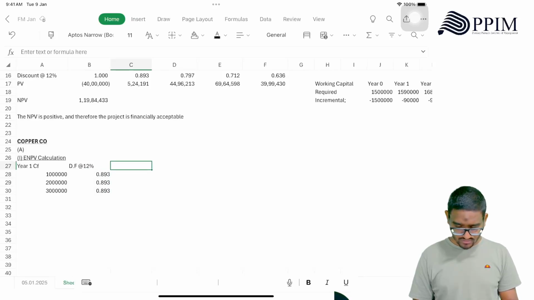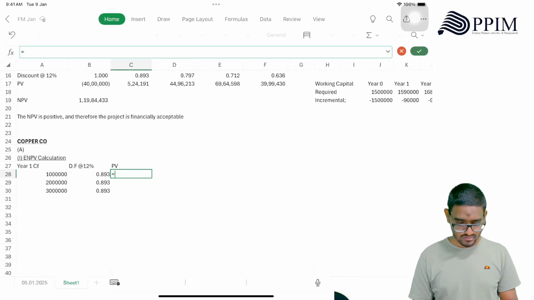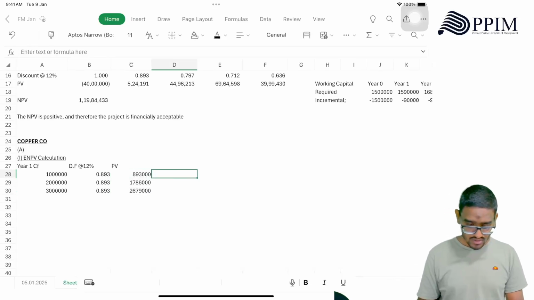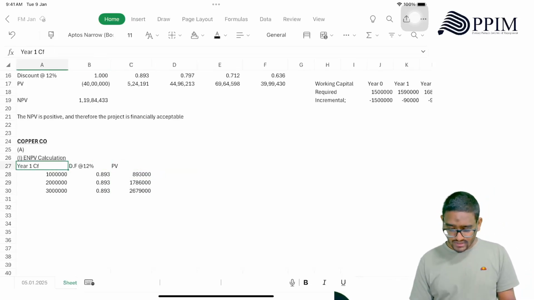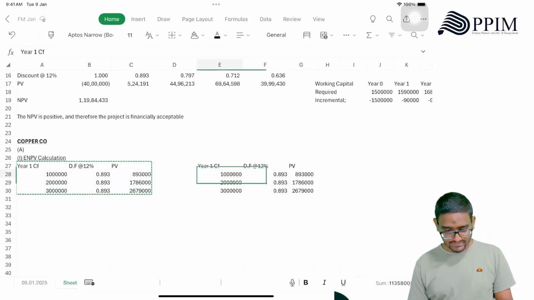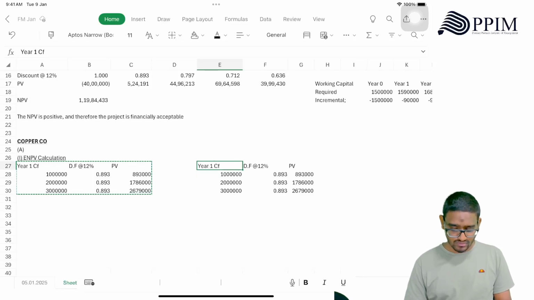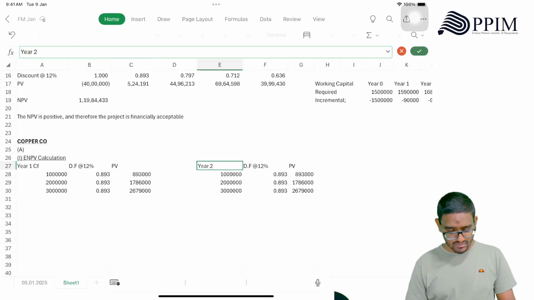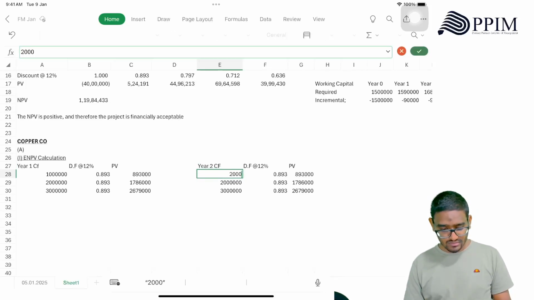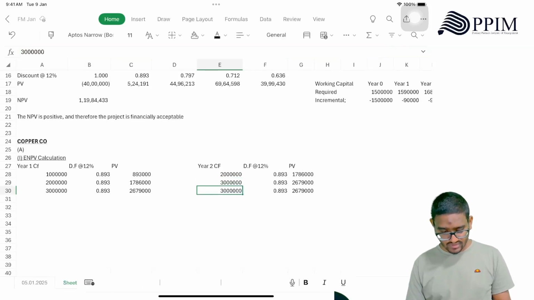So your present value will come to the probability. There are multiple ways of doing it, so I'm just doing it this way. So you have the year 1 present values, which makes life a little easier as we progress. So this will be year 2 cash flows: 2 million, 3 million, and 5 million.